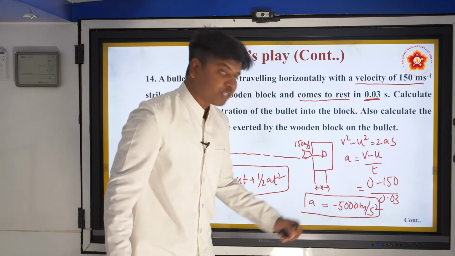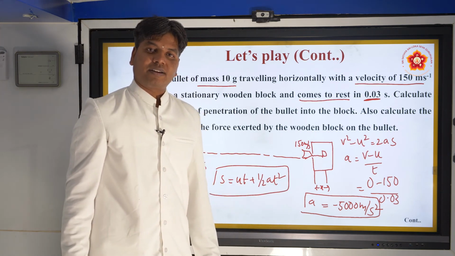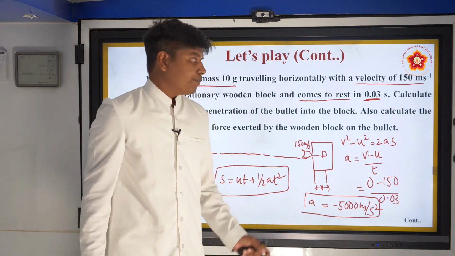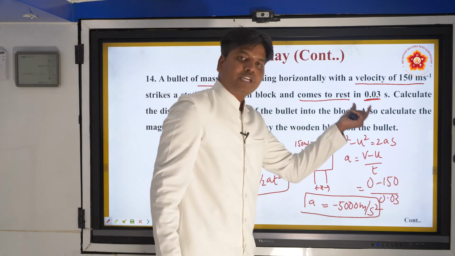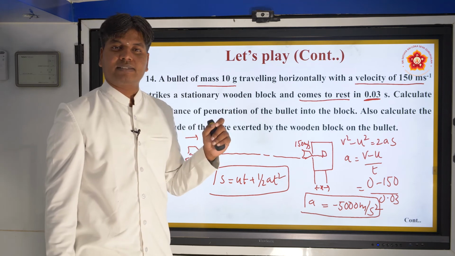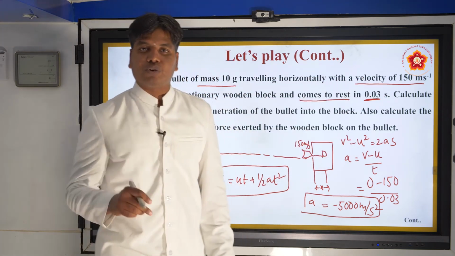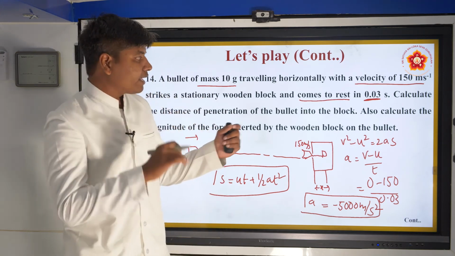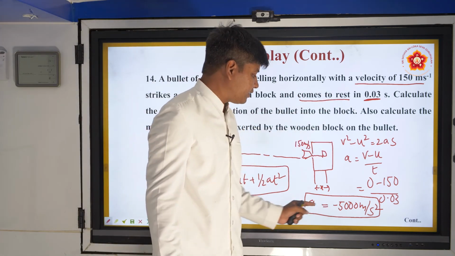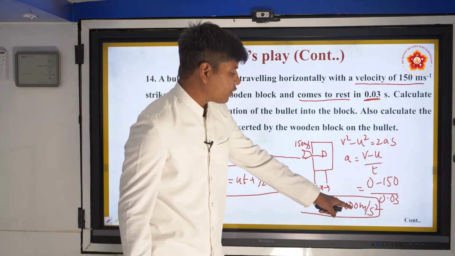It is a very large number. Why is it large? Because in this small duration of time, 0.03 seconds, the bullet is going from 150 meter per second to 0. It is halting in 0.03 second. That means the deceleration must be very large. That is why it is minus 5000 meter per second square.